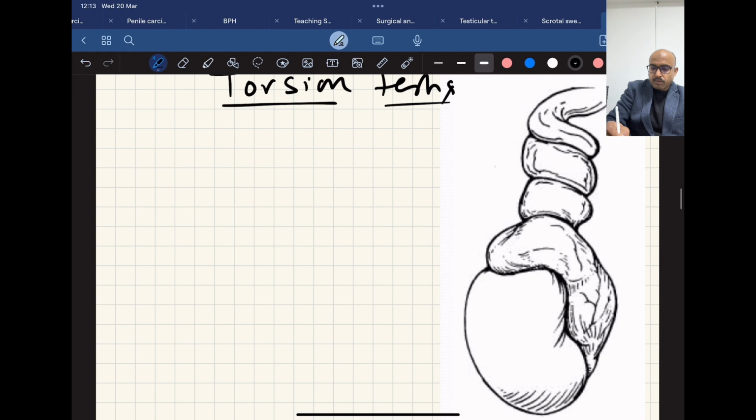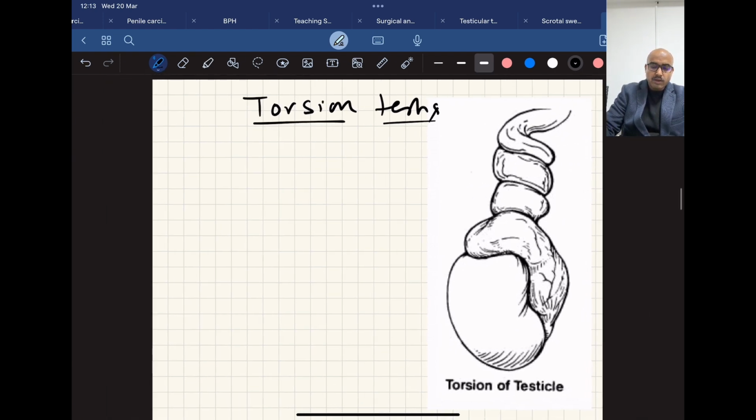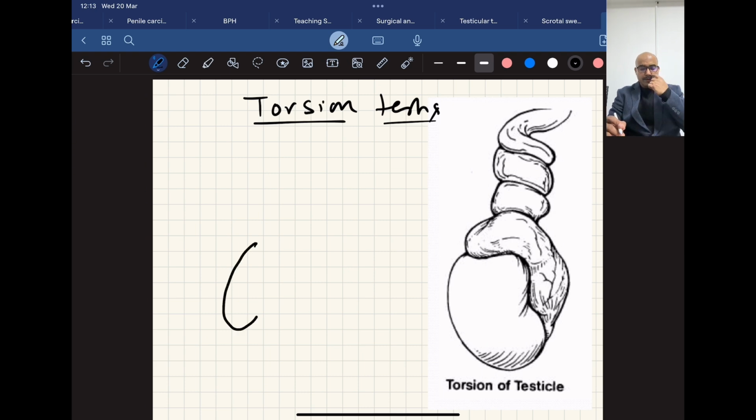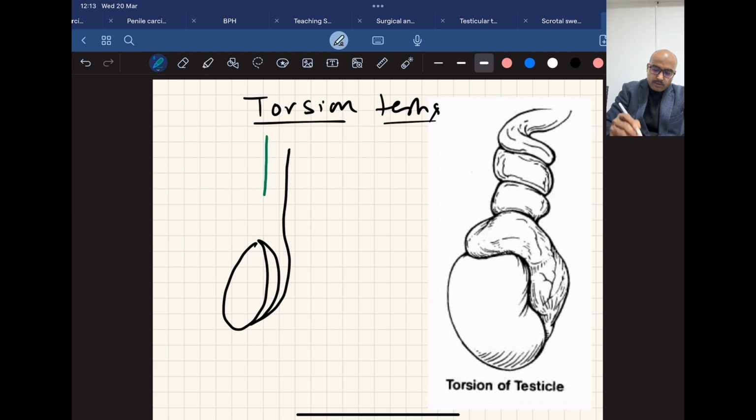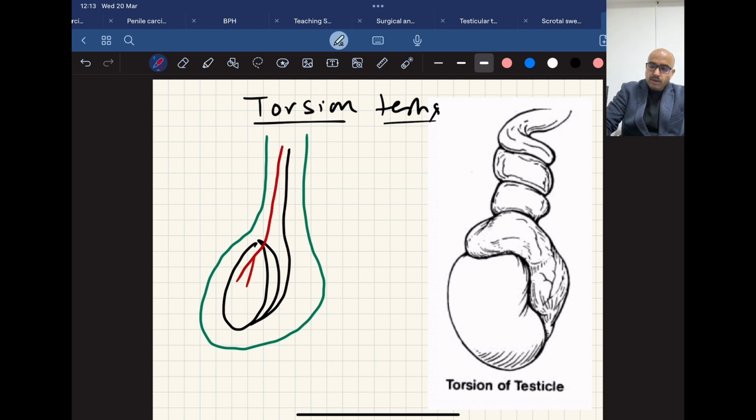testis. So see here, you can see there's a twisting of the spermatic cord. As you know, the spermatic cord contains so many structures. One of the most important is vessels. So suppose this is the testis, okay, there's the vas deferens. The spermatic cord is supplied by the testicular arteries and also the pampiniform venous plexus, the veins surrounding the arteries.